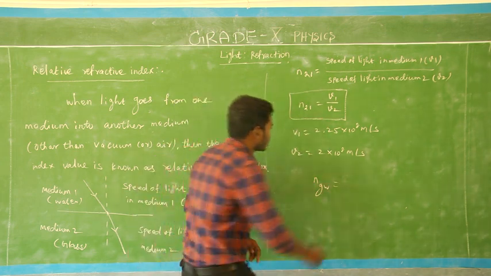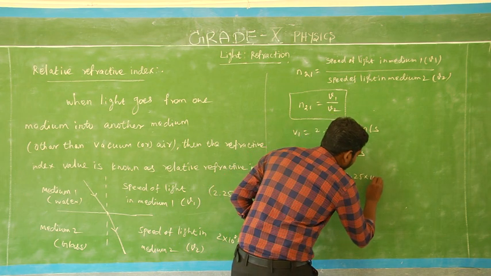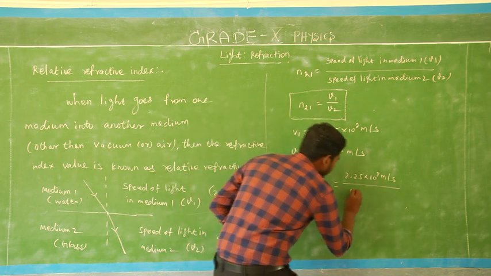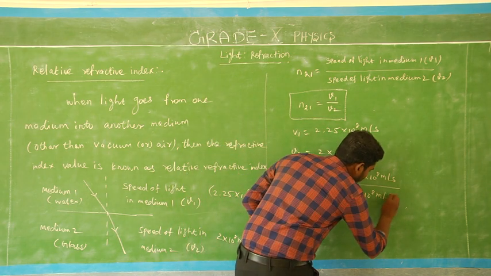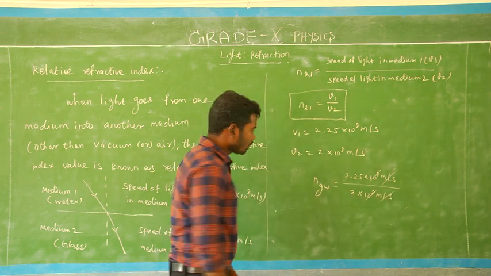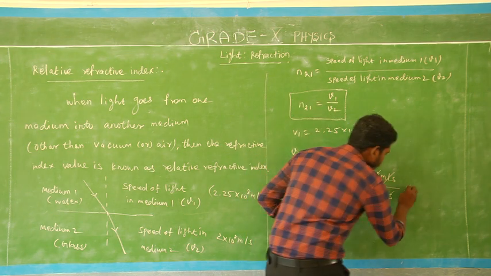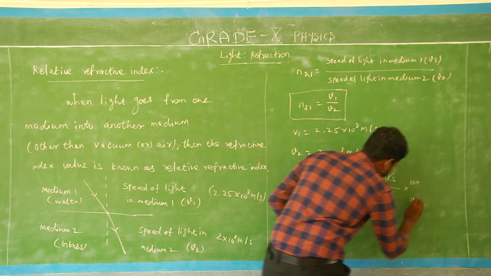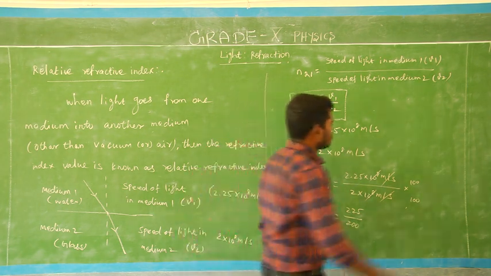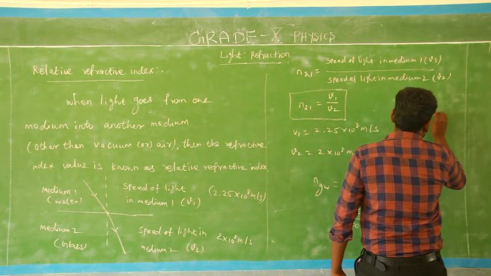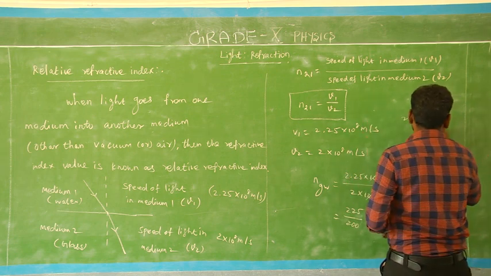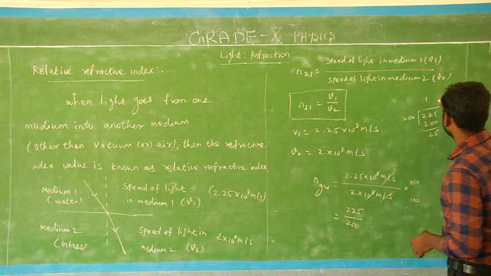So the V1 value is 2.25 into 10 to the power of 8 meter per second, divided by the V2 value, 2 into 10 to the power of 8 meter per second. 10 power 8 and 10 power 8 cancel, and meter per second cancels. Multiply both by 100, so 225 divided by 200. 200 goes into 225 once, remaining 25.